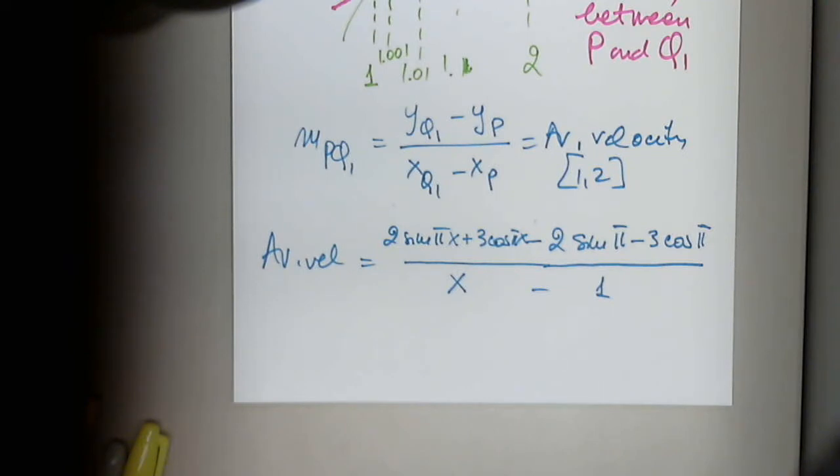So first you will plug in 2, and then subtract that value, and then 2 minus 1. Then you will plug in 1.1, and then subtract that value over 1.1 minus 1. Or you create this function and put it in the calculator. Is this better? Yes?